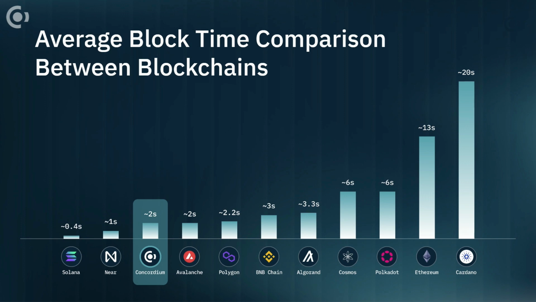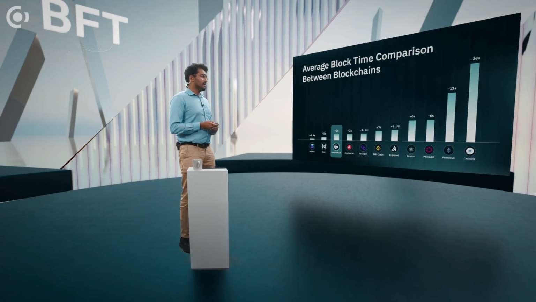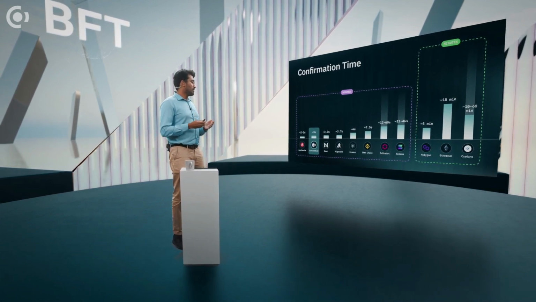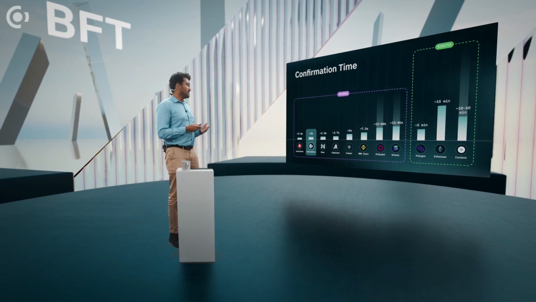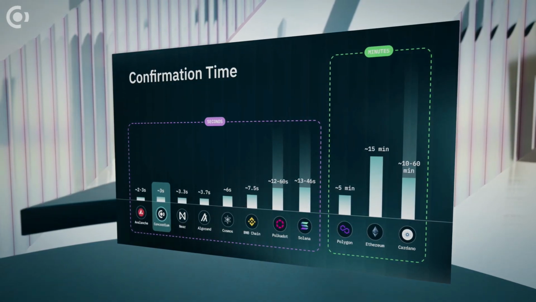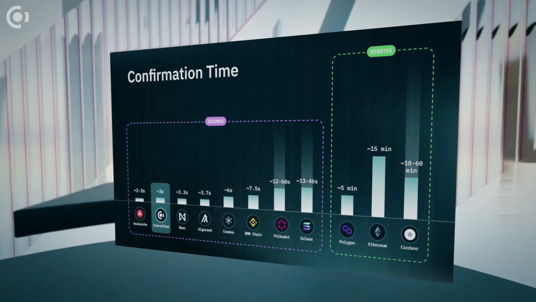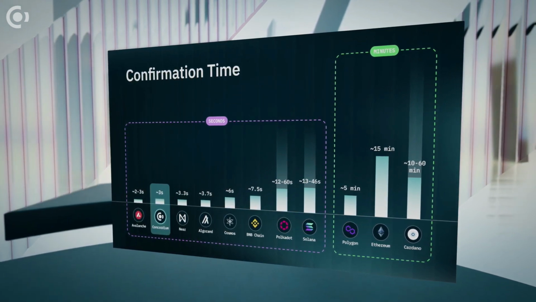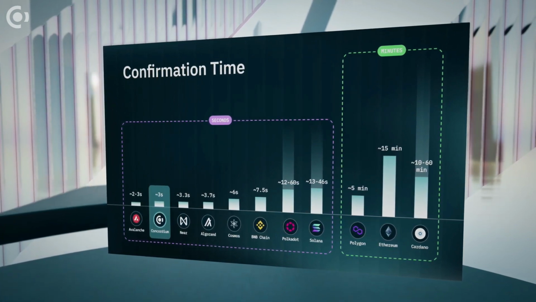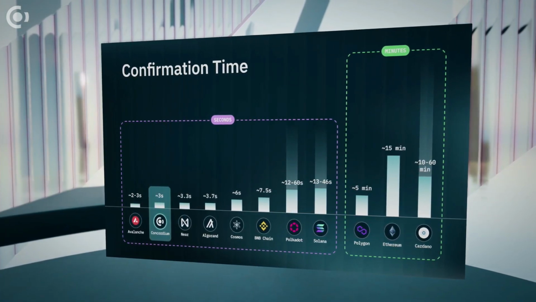So we always have that option going forward. And the block time, of course, also translates to fast confirmation times. And here you can see Concordium's confirmation time is also very fast. This enables us to now offer a whole range of new projects to be able to build meaningful things on our blockchain.